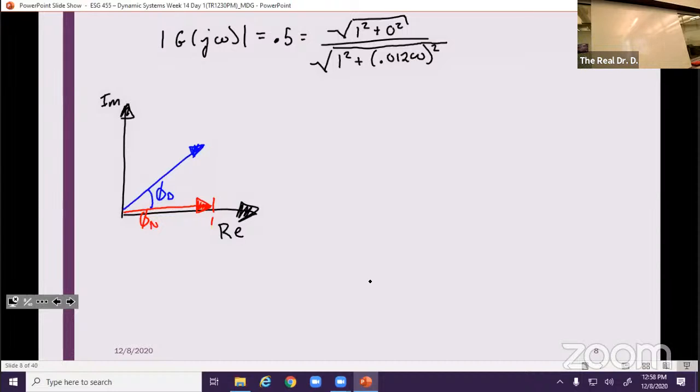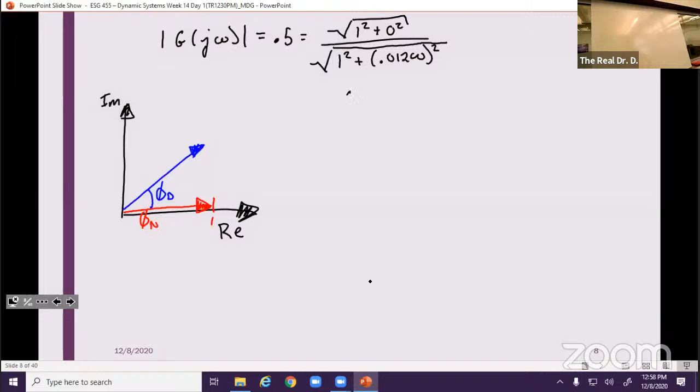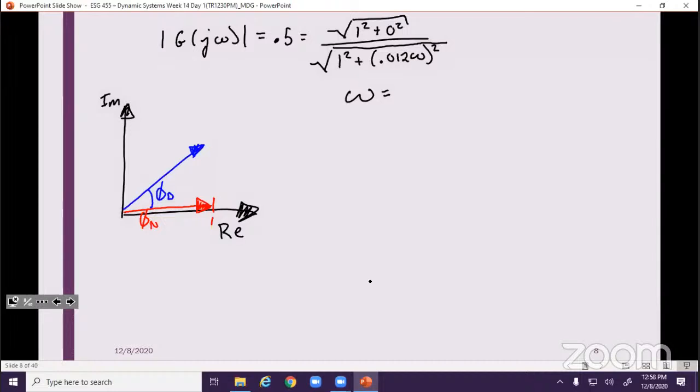If you solve this for omega, what do we get? Somebody crunch it. You might want to check me on this. I had 144.33. Okay, we got 144.33. Does anybody please check that?